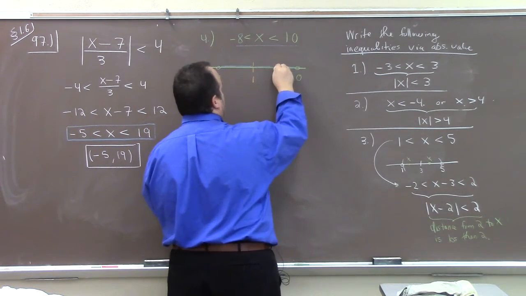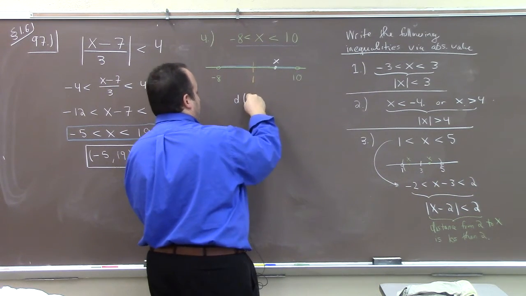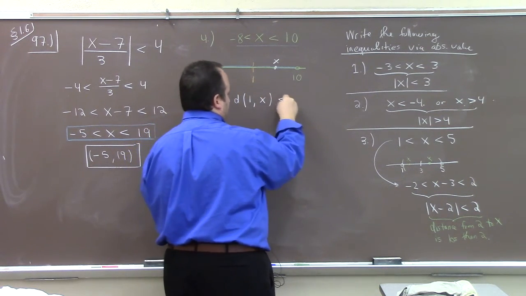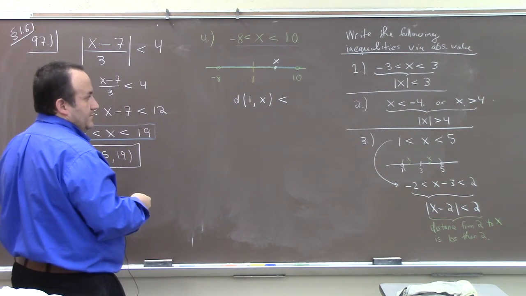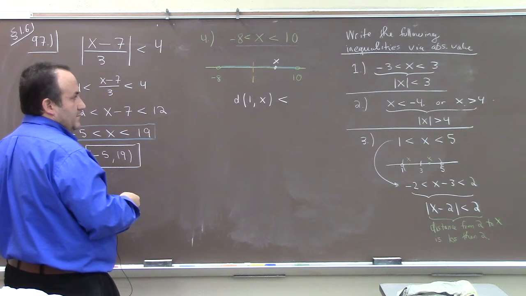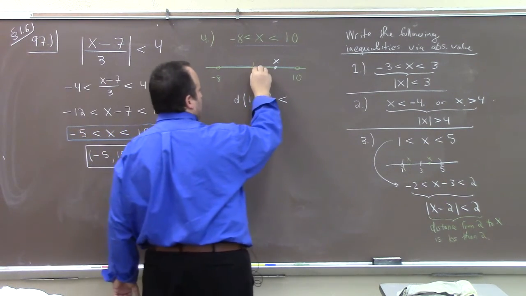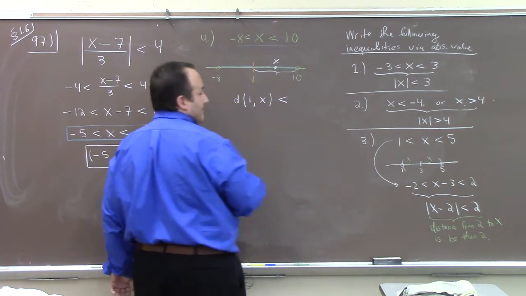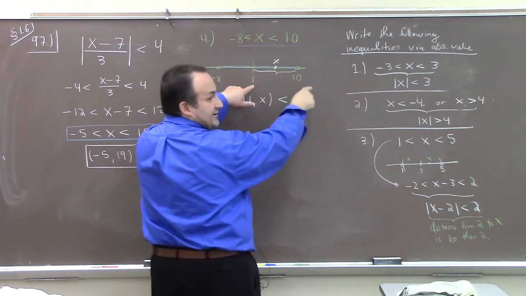If I put x here, what's the distance from 1 to x? It has to be less than what? How far is this? Good question. Right, 10 minus 1.